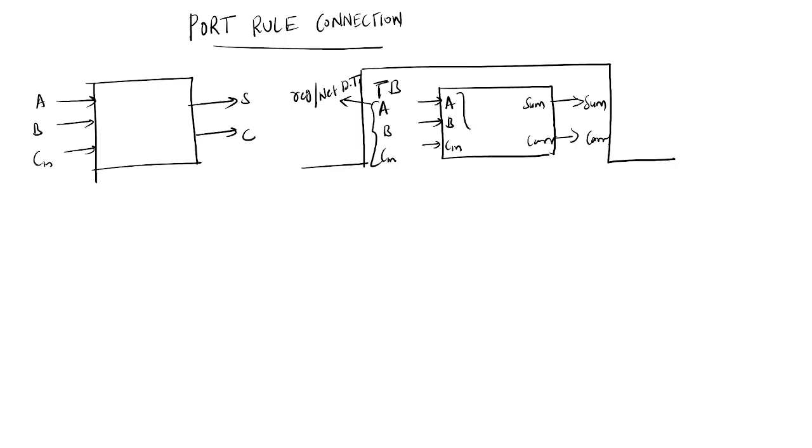And whatever the design inputs are, these should be net data type. The design outputs can be net data type or reg data type. And the test bench variables connected to the design outputs should be net data type. Did you understand the port rule connections?